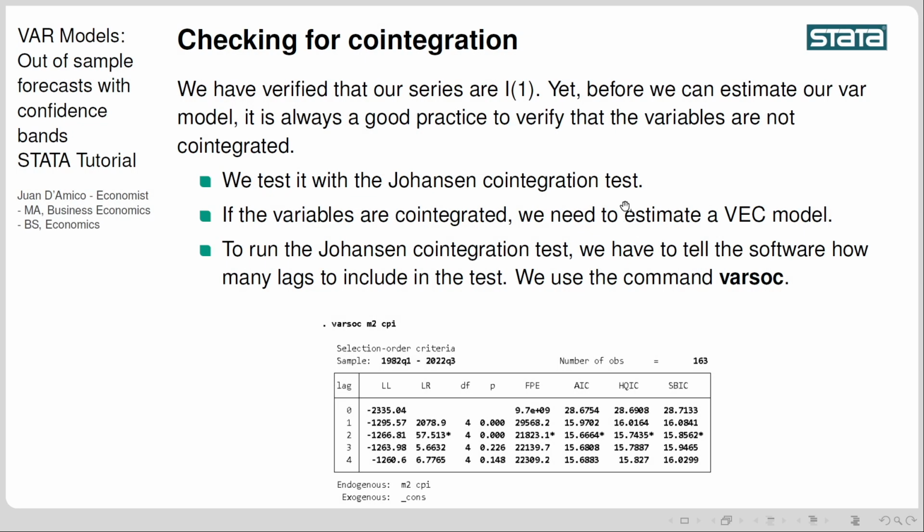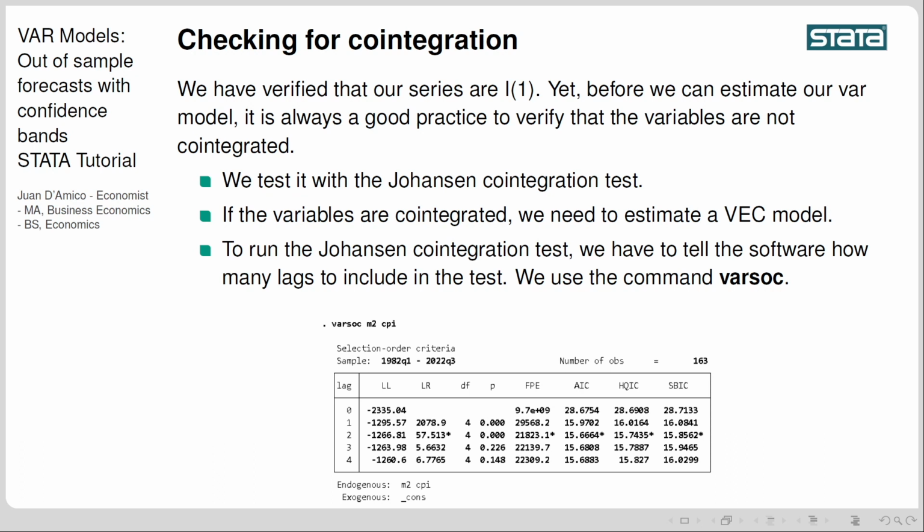Now we're going to check for cointegration. We have verified that our series are integrated of order 1. In other words, our series are non-stationary in levels, but they are stationary once we apply logs and differences. And before we can estimate the VAR model, it is always a good practice to verify that the variables are not cointegrated.